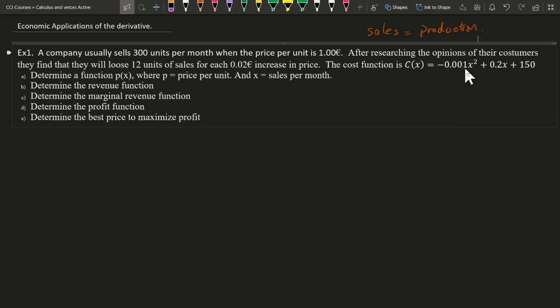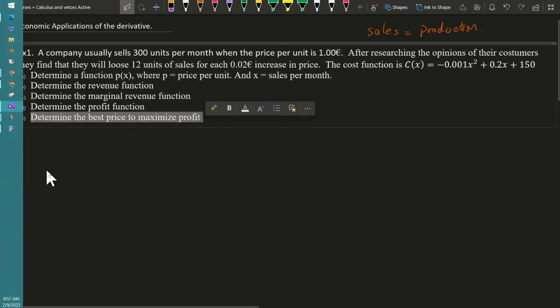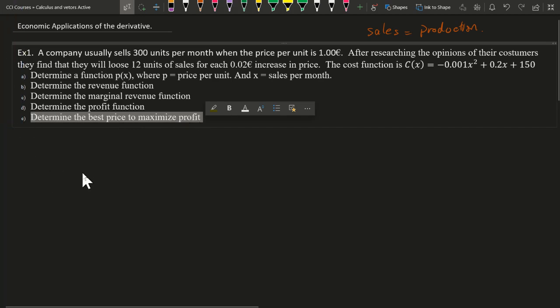Anyway, our goal actually here is to determine the best price to maximize profit. And on the tests, I oftentimes just ask this question here. And in order to solve this question, you actually need to do all of the above things.